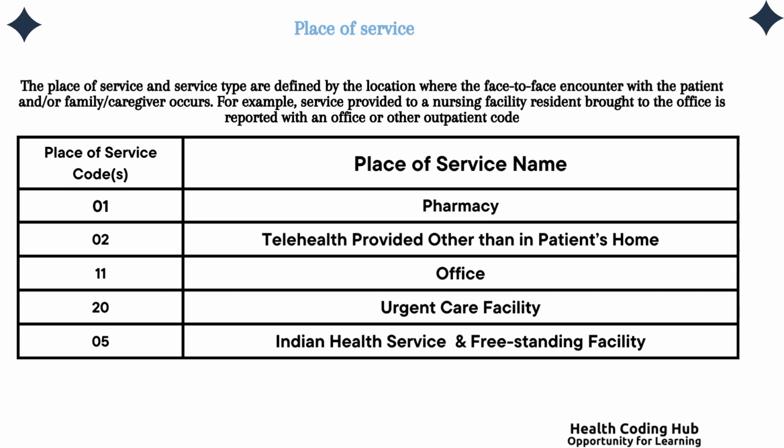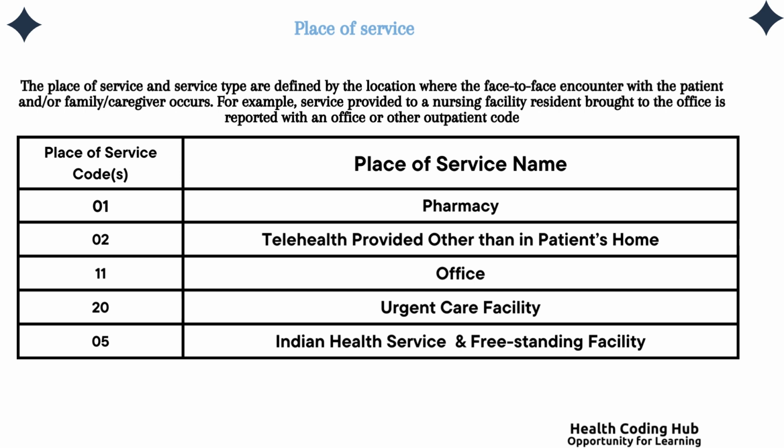Place of service 20. This is for urgent care facility, a location distinct from a hospital emergency room, office, or clinic, whose purpose is to diagnose and treat illness or injury for unscheduled ambulatory patients seeking immediate medical attention. Place of service 05.